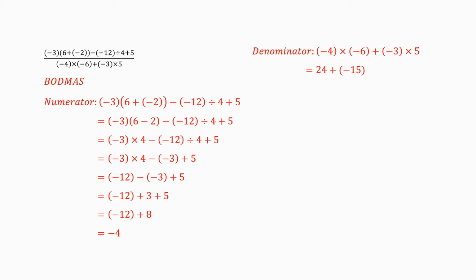We can simplify this as 24 minus 15, because a plus followed by a negative can be simplified as a negative. A plus and a negative is a negative, but a negative and a negative forms a positive. So we have 24 minus 15 is 9. So our expression evaluates to -4/9.